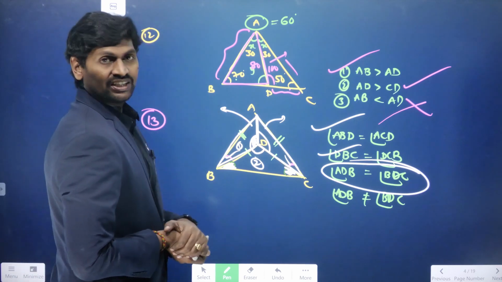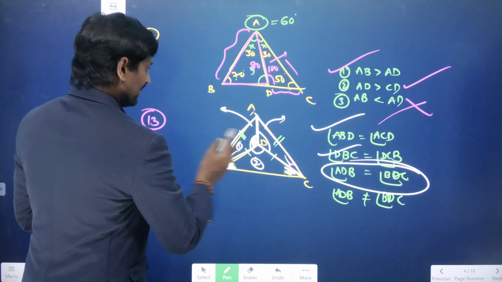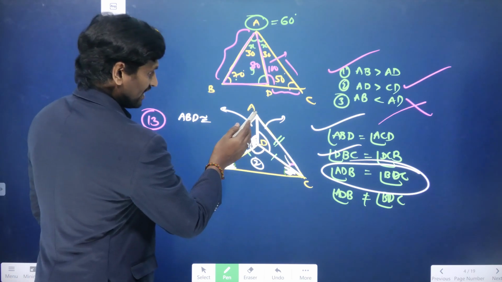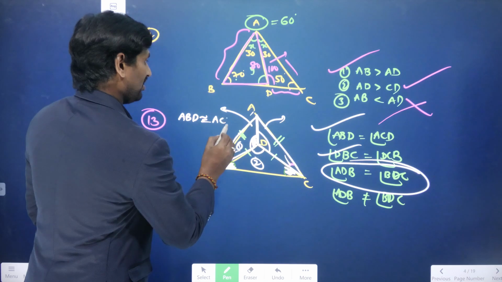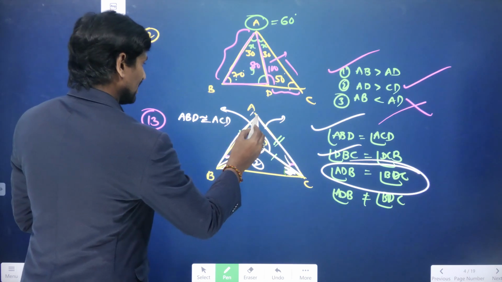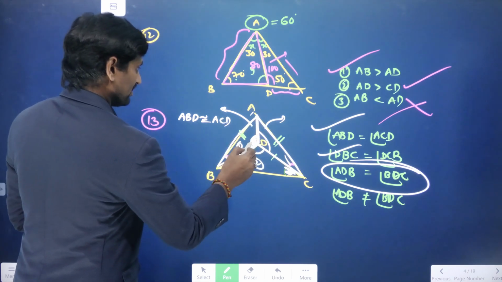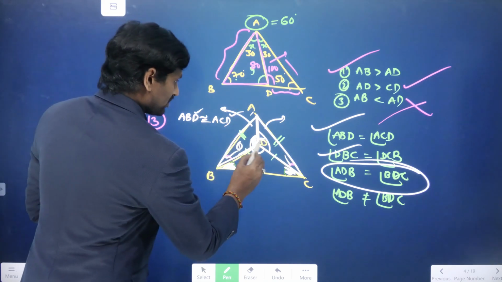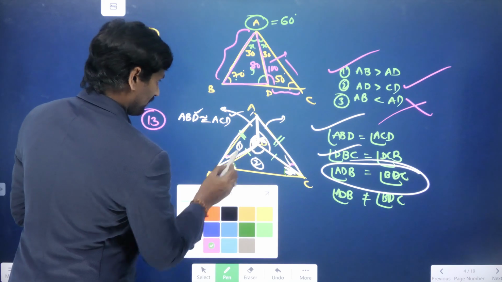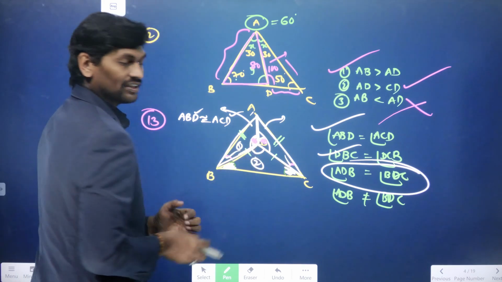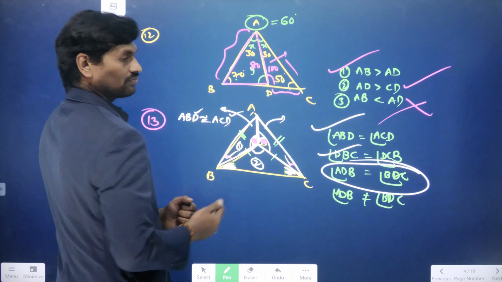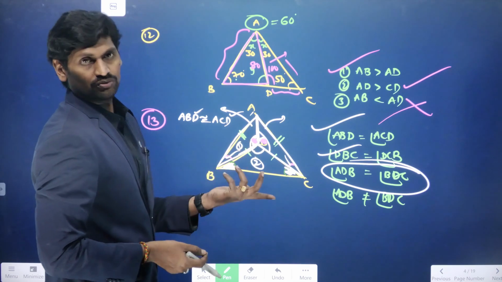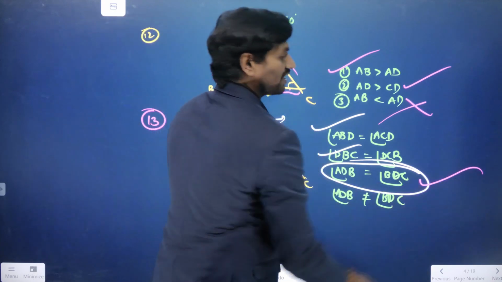By the SSS criterion, we can say that angle ABD is congruent to angle ACD. So from this we can say that angle ADB, this angle at D, are equal on both sides. These two are equal. What about these two? These two are not equal. So this is our correct answer.